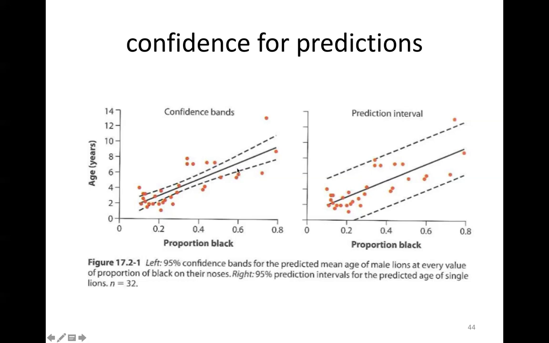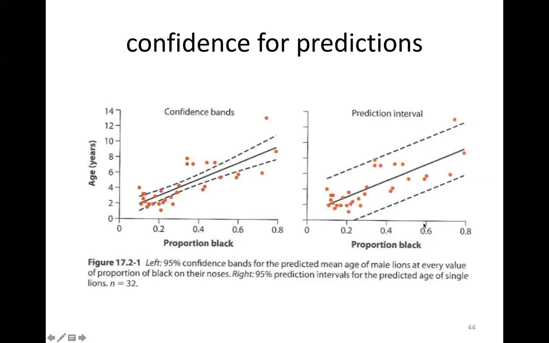We expect the curve to pass through as high as this value and as low as this value at x equal to 0.6. We expect it to be somewhere here. We're not 100% sure, but with 95% probability, it should be here.